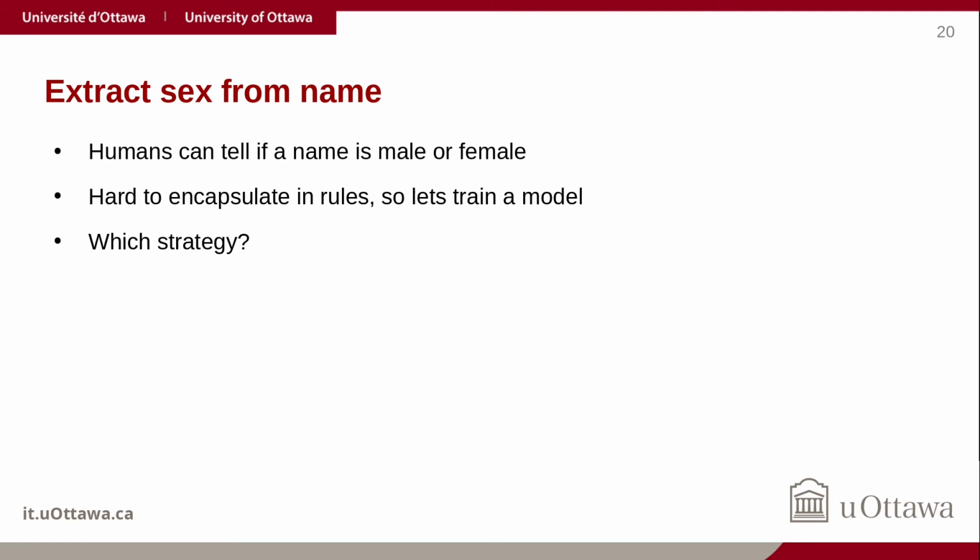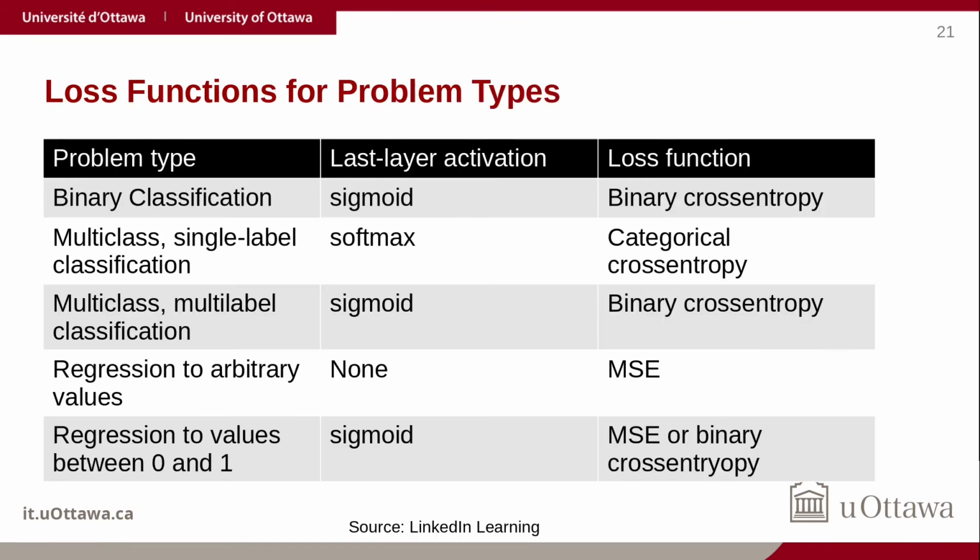And to do that, we need to figure out a strategy. So we go back to the table again. Which one of these would be the best fit for what we're trying to do? You can unmute yourself or type in the chat.